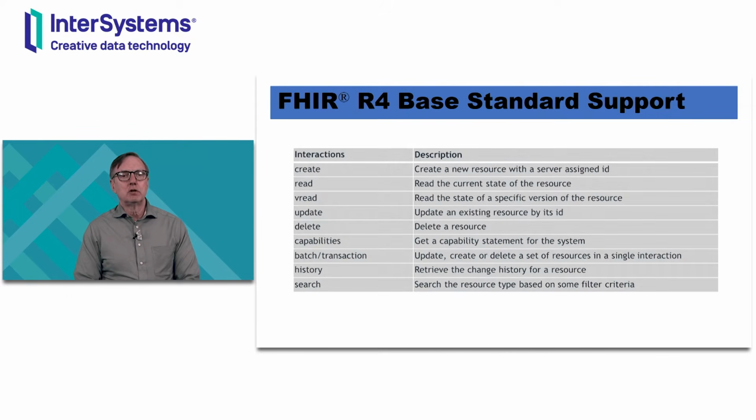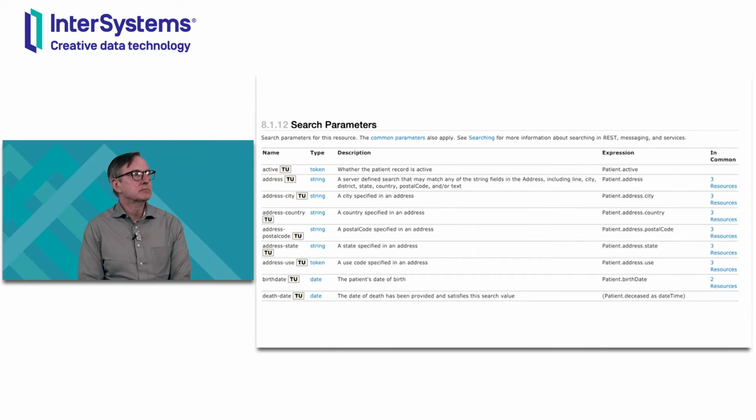Our FHIR server is able to return and use all the standard interactions for a FHIR server. We include base R4 support, and encompass all the interactions that you would expect, such as create, read, vread, etc. Now, when querying a FHIR server, some people get this confused.